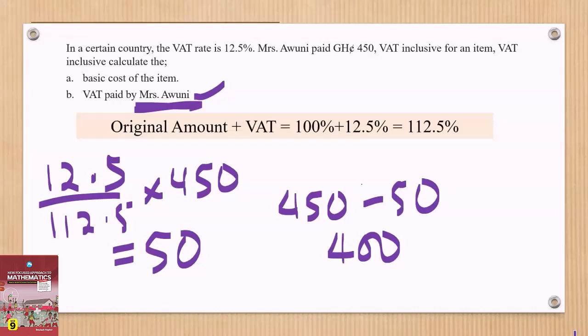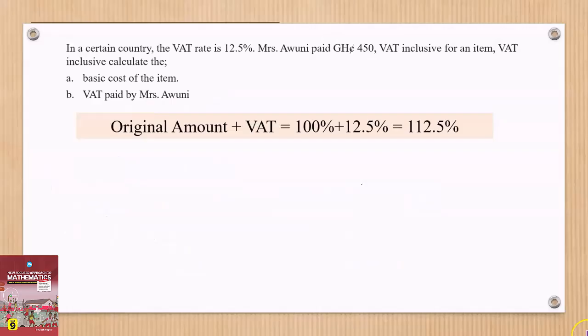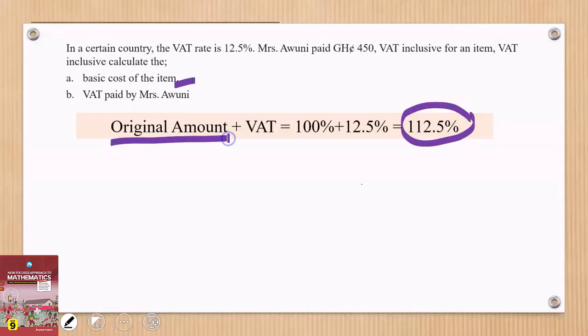Alternatively, we can also solve this same question using a different approach, and let me show you that one. Now, we can first find the basic cost. Because we know that the total amount, including the VAT, in percentage is 112.5, the original amount which we want to know is going to be 100% over the total, because you are not finding the VAT paid, but you want to find the original amount.